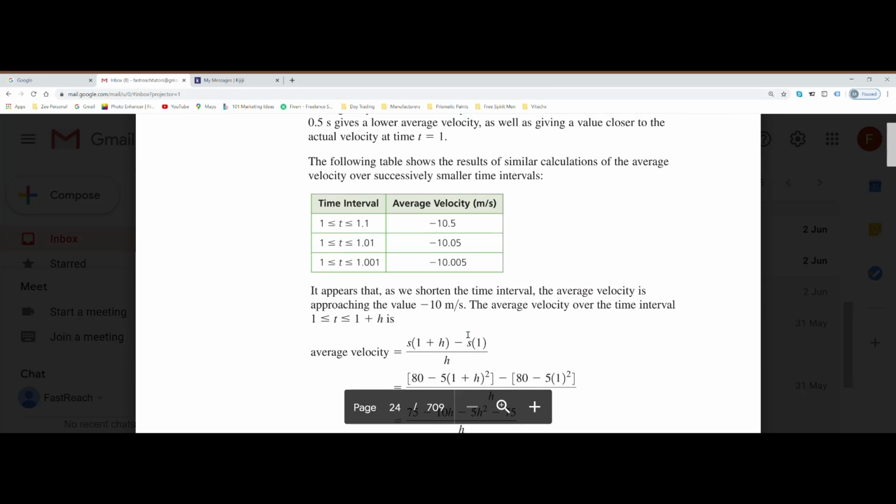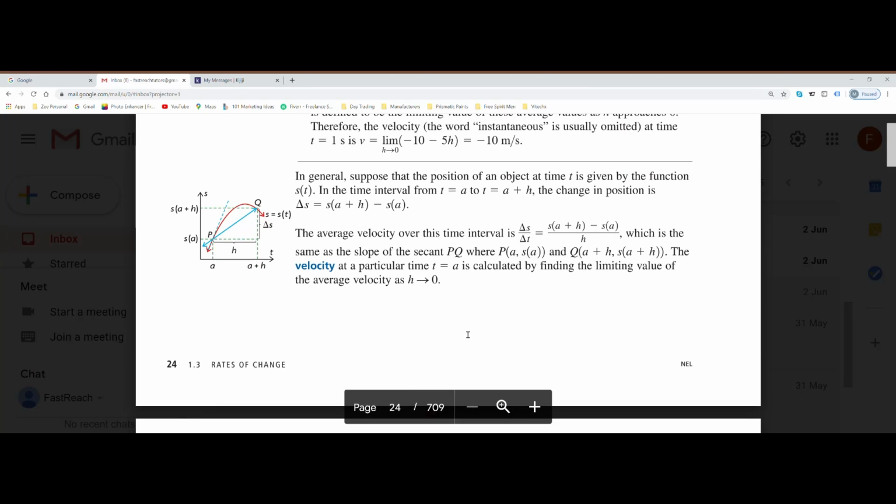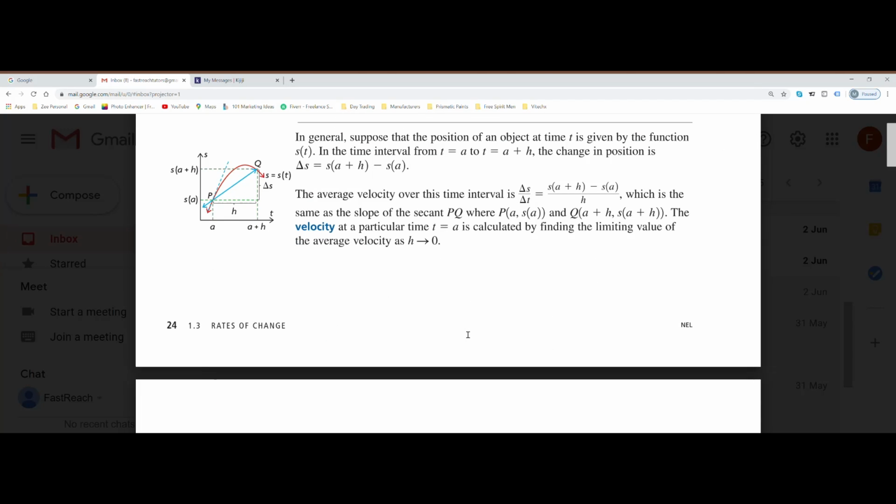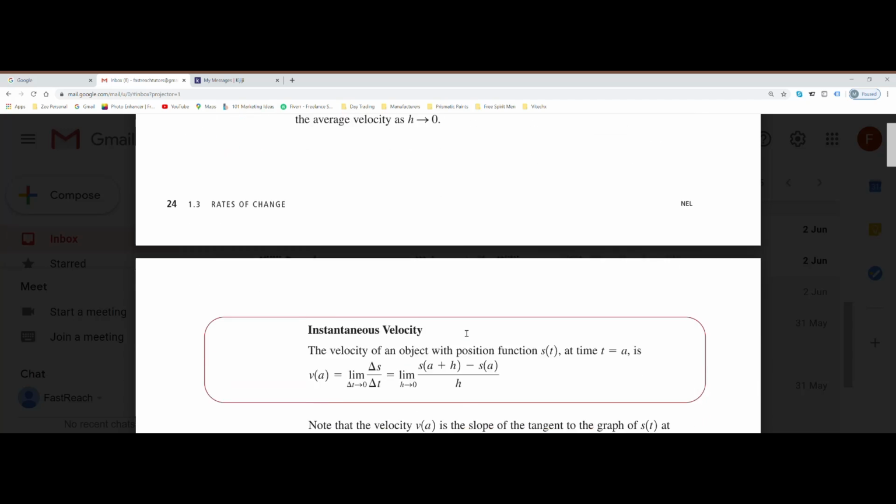For instantaneous velocity, you're usually given a single point. Like, what is the velocity at time equals 3 seconds? Since you're not given 2 time points, you know this question is asking for instantaneous velocity. And in this case, you're supposed to find the limit of the function like how we did in the previous section.